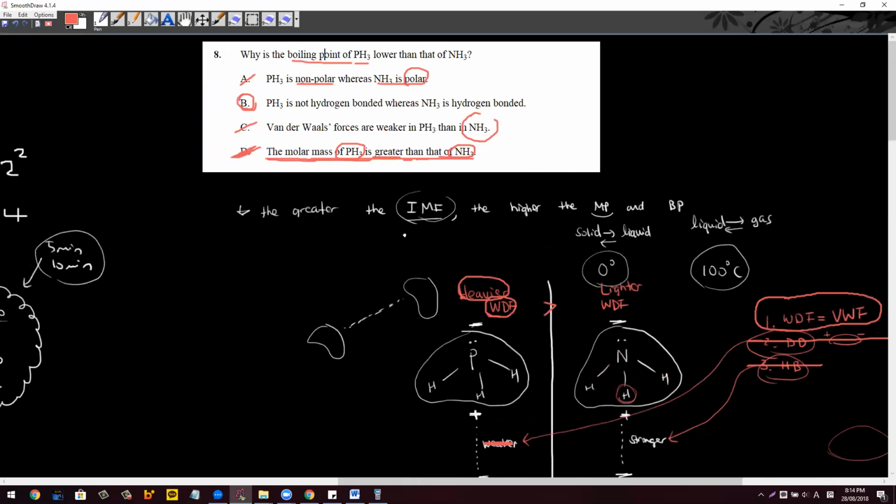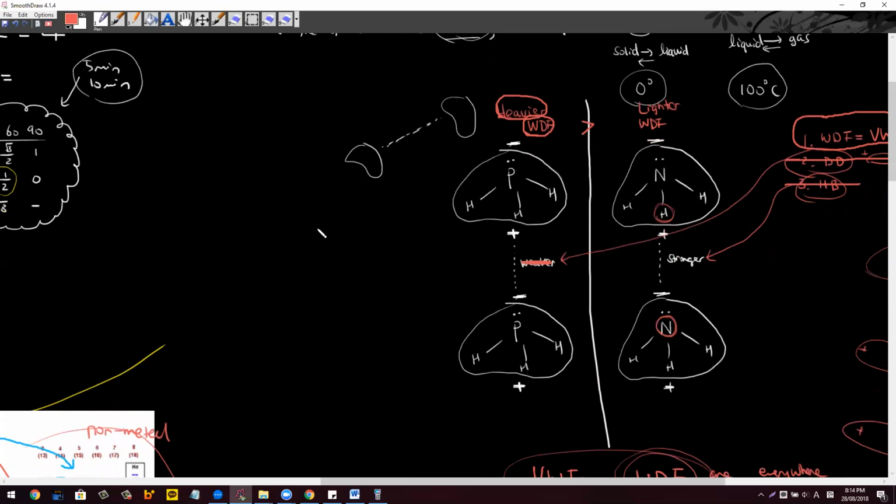So have a look. I'm going to summarize this one right here. PH3 has more mass. NH3 has lower mass. So if we're just talking about the weak dispersion force, this is going to have higher weak dispersion force, and this is going to have lower weak dispersion force. If this one has higher weak dispersion force, then this will lead to higher boiling point, and this is going to have lower boiling point.